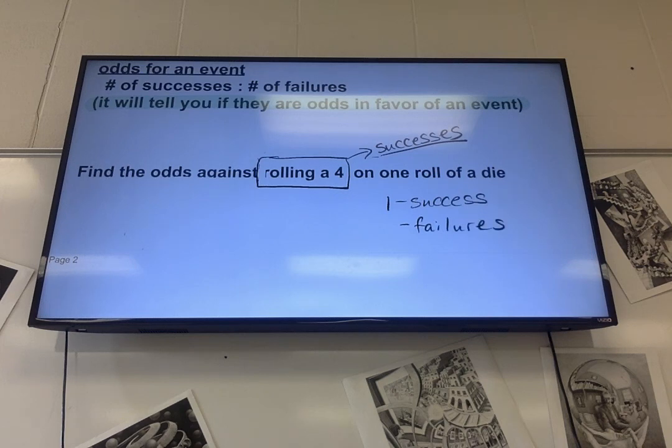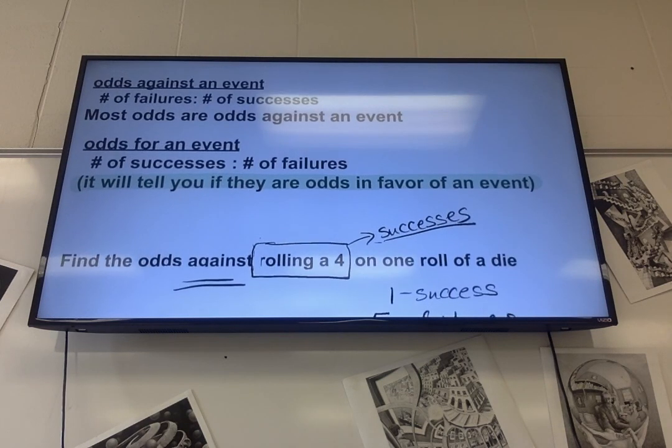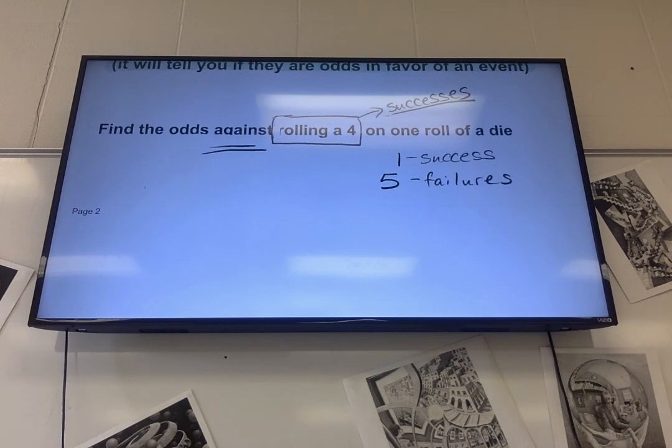And now, the failures would be considered not rolling a 4. So how many opportunities on one die do you have that are not a 4? 5, yeah. 1, 2, 3, 5, 6. So there's 5 of them. So odds against is the number of failures to the number of successes. So the failures are 5, successes are 1.